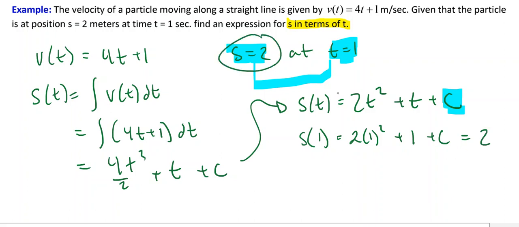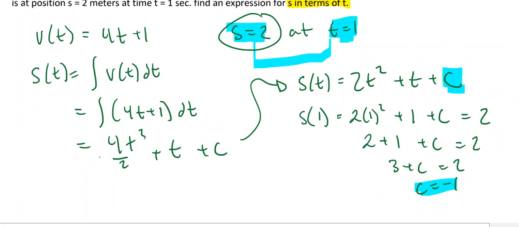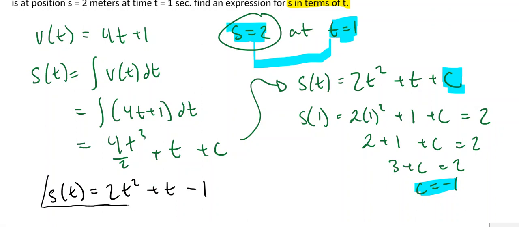This gives us 2 plus 1 plus c equals 2, so 3 plus c equals 2, or c equals negative 1. Now we have a c value, and all we have to do to finish the problem is plug that in for c. So s of t is equal to 2t squared plus t minus 1. That is the position function for this problem.